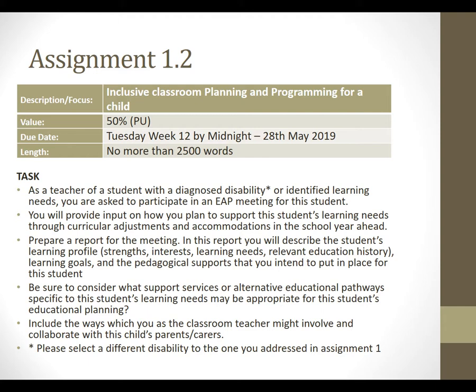So you'll describe the student's learning profile, their learning goals, the pedagogical supports you intend to put in place, considering what services or alternative educational pathways they need, and include the ways in which the teacher might involve or collaborate with the parent or caregiver. And I just ask that you pick a different disability from one you addressed in assignment 1. So they're your assignments.